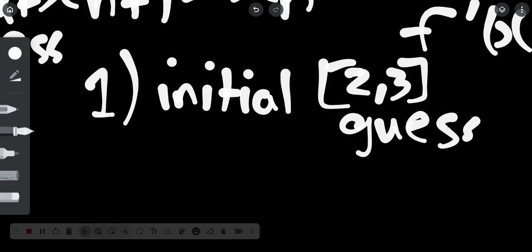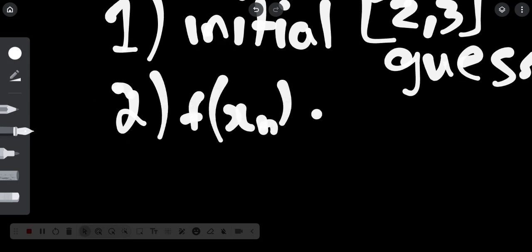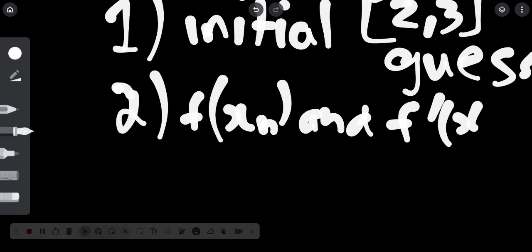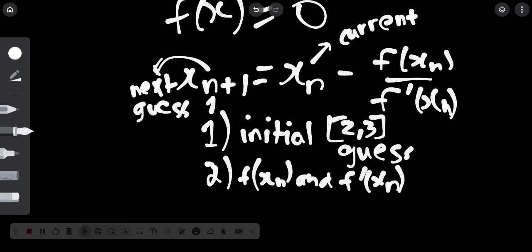And then you want to figure out the different parts, such as f of x sub n and f prime of x sub n, and you can use the formula to find your next guess. You can keep doing this iteration until you get closer and closer to your root.